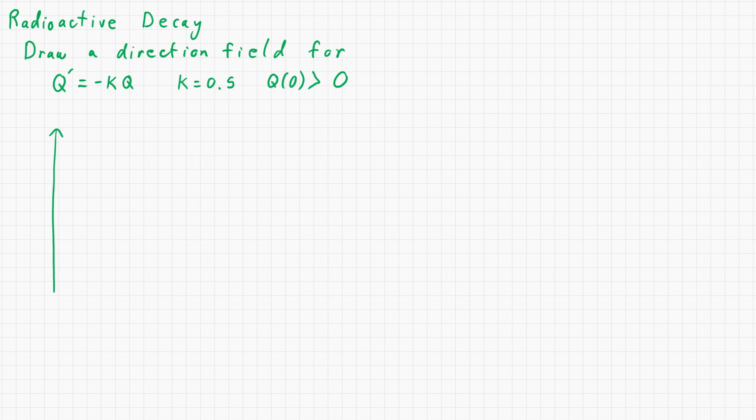So here I'll have Q of t. Here I'll put t. Alright, so first thing, we're going to completely ignore this because that would be negative mass, which is unrealistic.